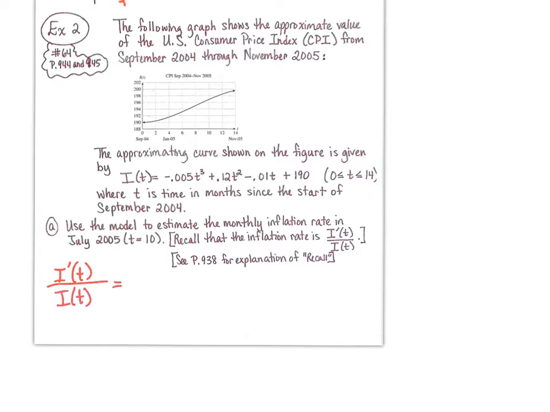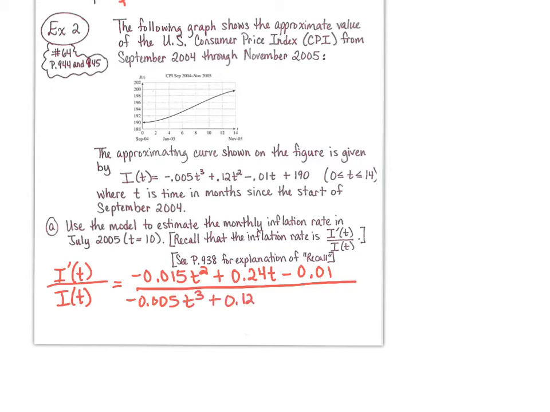So I prime of t is negative 0.015 t squared plus 0.24 t minus 0.01, all divided by I of t, so negative 0.005 t cubed plus 0.12 t squared minus 0.01 t plus 190. That would be your inflation rate.